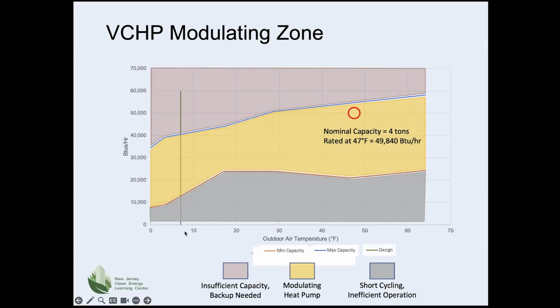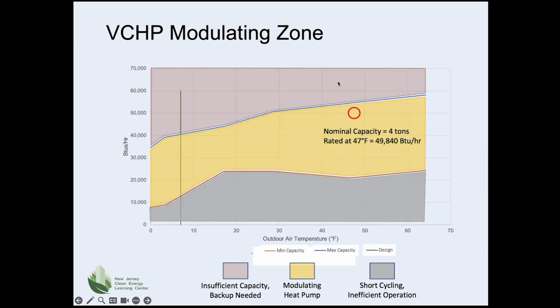So at design temperature, which is indicated in green, and it's at 7 degrees Fahrenheit, is shown with this vertical line here. The performance of this unit at 7 degrees, it can still make as much as 40,000 BTUs. As the temperature goes up, its ability to produce more heat goes up, and it can make as many as, say, 55,000 BTUs an hour, up in the low to mid 50 degree range.